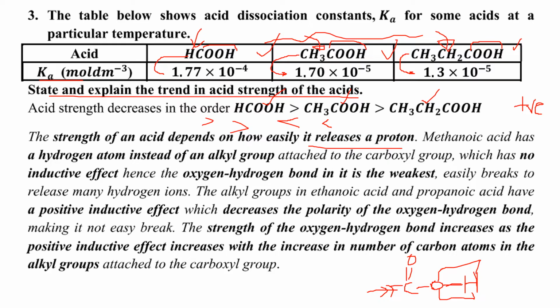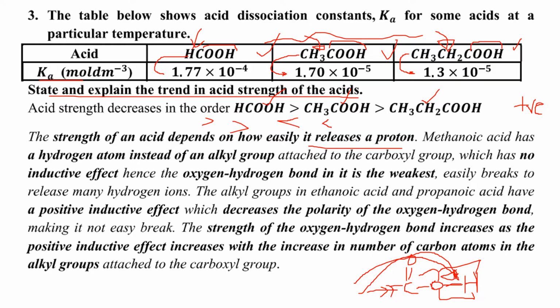And the positive inductive effect here is going to be increasing with increasing number of carbon atoms present in our alkyl groups. So the methyl group has a positive inductive effect, but the ethyl group is going to have a more positive inductive effect as compared to the methyl group, because in the ethyl group we have 2 carbon atoms, and those 2 carbon atoms are going to donate more electrons to this bond, as compared to the methyl group, which has only 1 carbon atom to donate electrons to this bond.